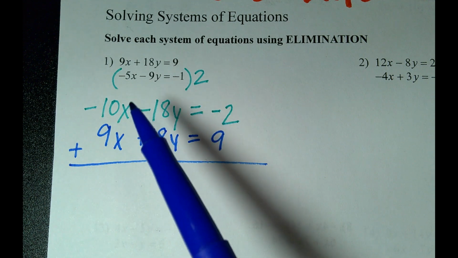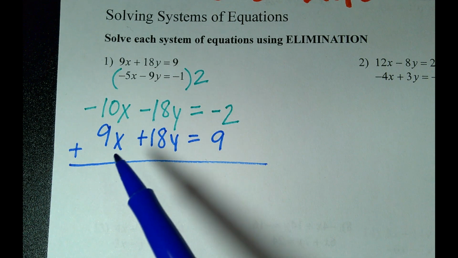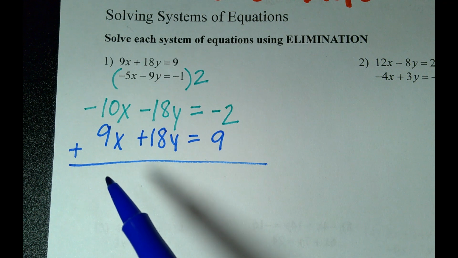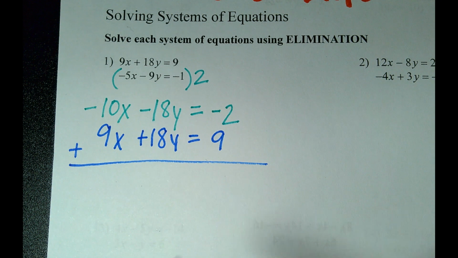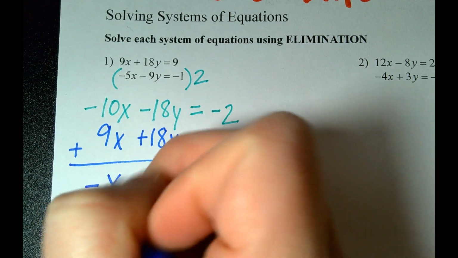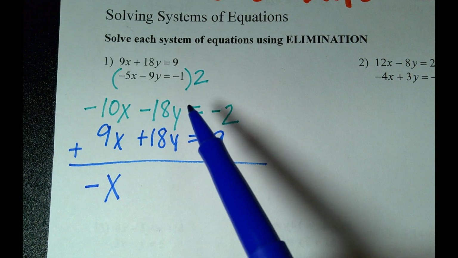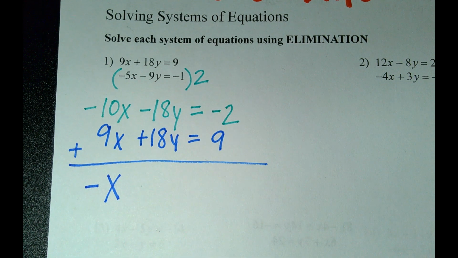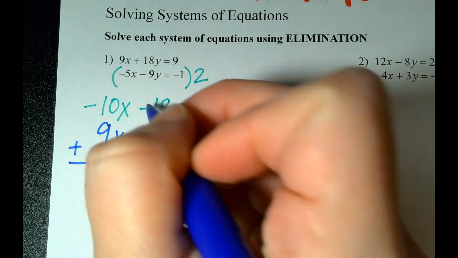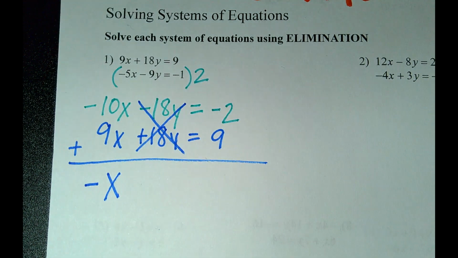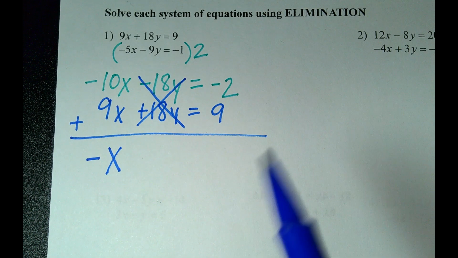I have negative 10x plus 9x. What will that leave me with? Negative x. Perfect. And now I have negative 18y plus 18y. What happens there? They cancel out, which is where the elimination part comes in. We just eliminated the y's.